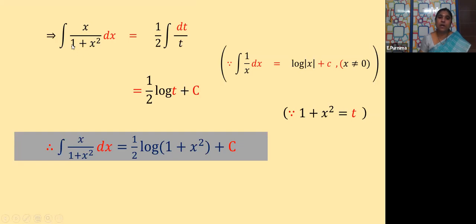Every time you may not have a fraction, children; directly only the numerator terms may be there. So the x terms, whatever are left in the function. Understood what I'm telling? Any term you can consider as t. Clear? But how can you choose that one?